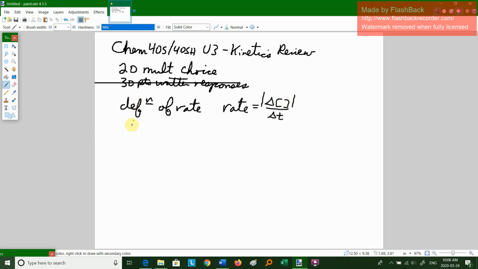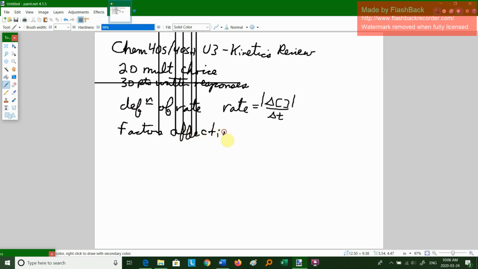We looked at factors affecting rates. Things like surface area.